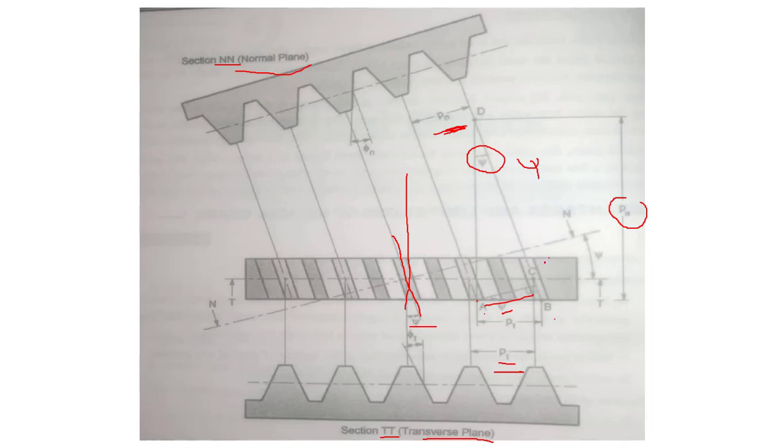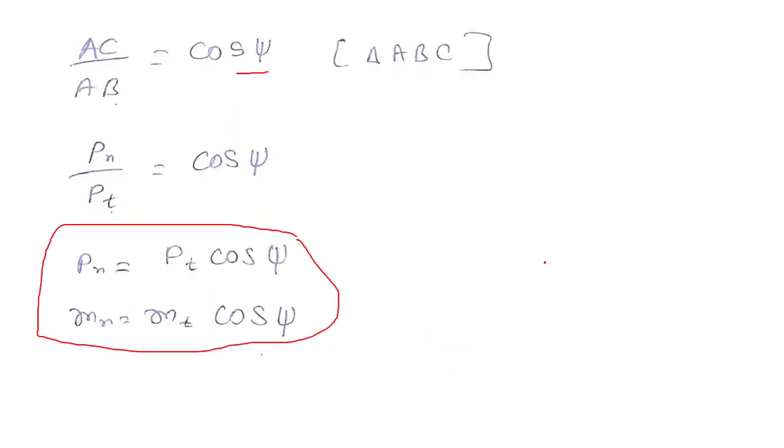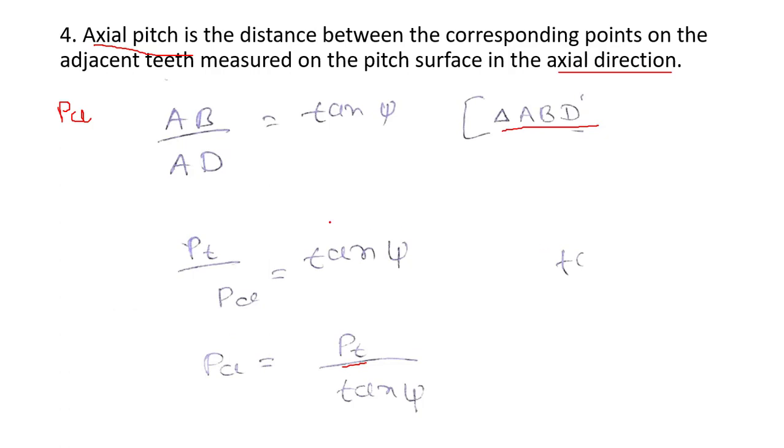So from this triangle we can write tan psi is equal to AB upon AD, as AB is the opposite side and AD is the adjacent side. So we can write PT in place of AB and PA in place of AD. So PT upon PA is equal to tan psi. So for the axial pitch we can write PA is equal to PT upon tan psi.